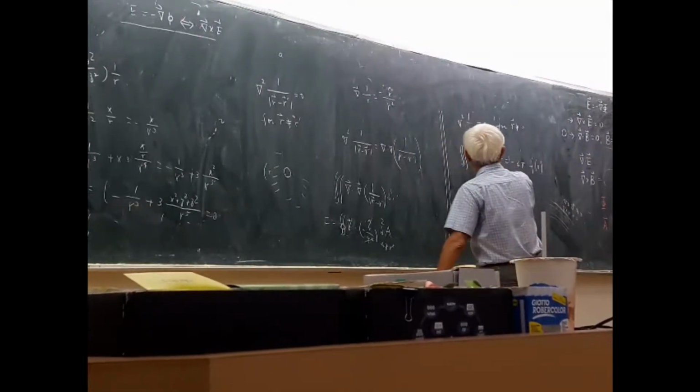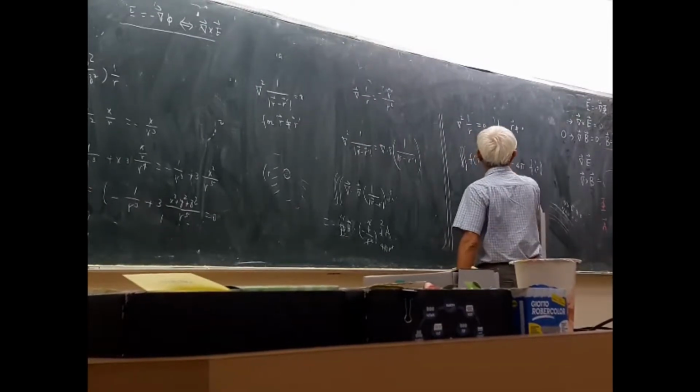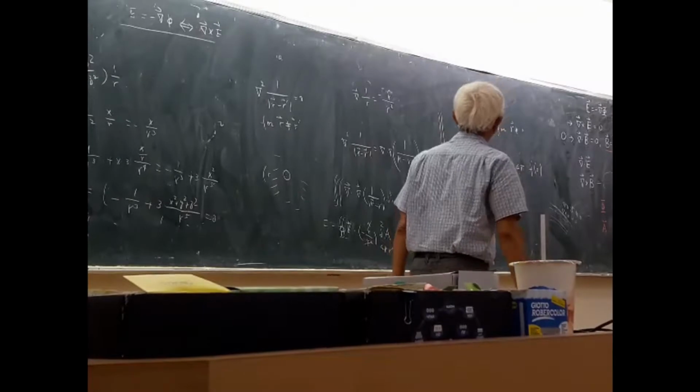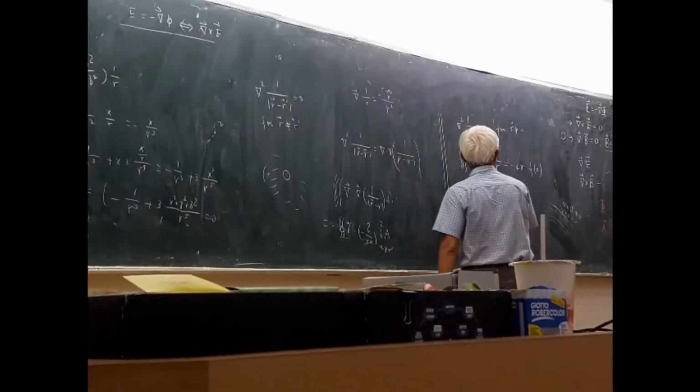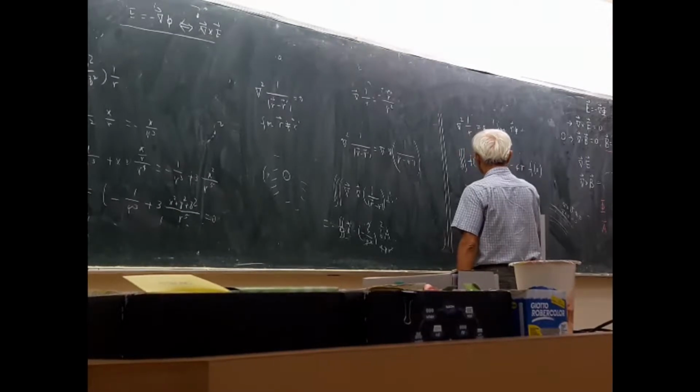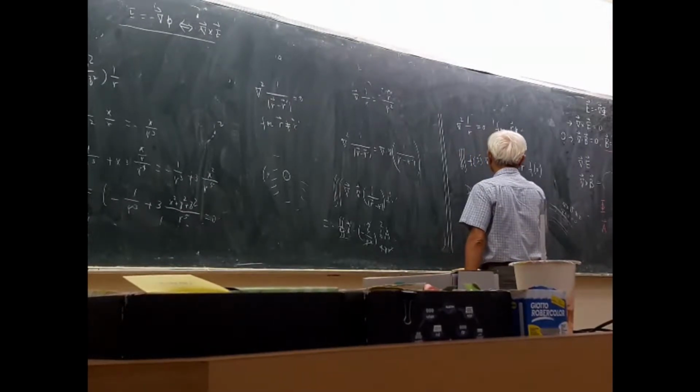Okay. Whatever. At the origin. This is called the three-dimensional Dirac delta function.